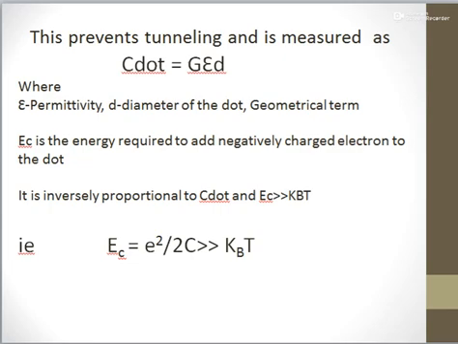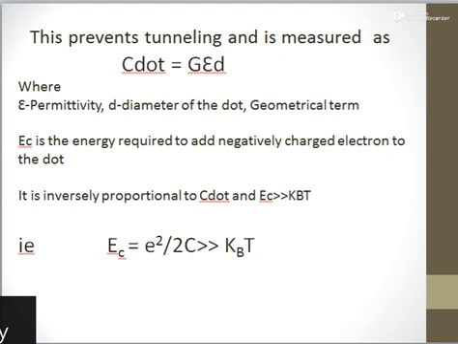This prevents tunneling, and it is measured as C dot, which is equal to G epsilon D, where epsilon is the permittivity of the medium, D is the diameter of the dot, and G is the geometrical term based on the structure of the dot.